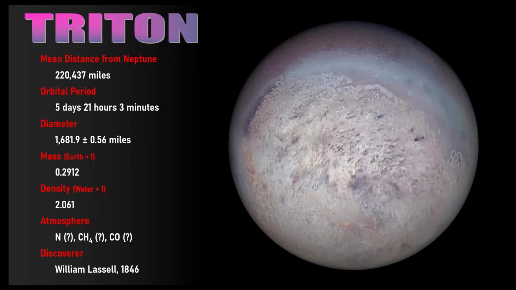I find it more fascinating than Pluto, which tends to get most of the press, because it has these active geysers that create these features on the surface, like these active nitrogen geysers caused by tidal heating with Neptune. Very similar to what happens on Io, just not quite as ferocious as what happens to poor little Io.